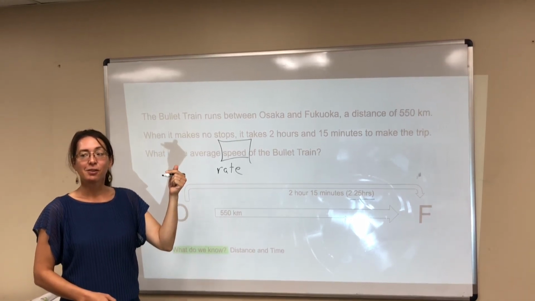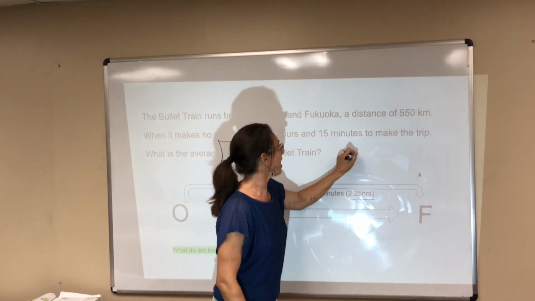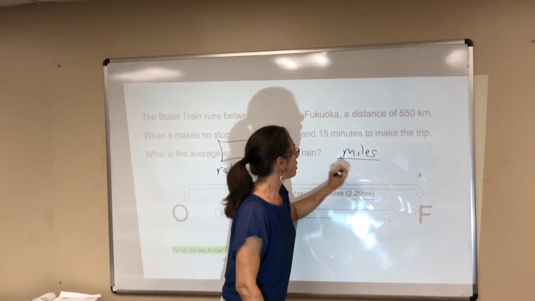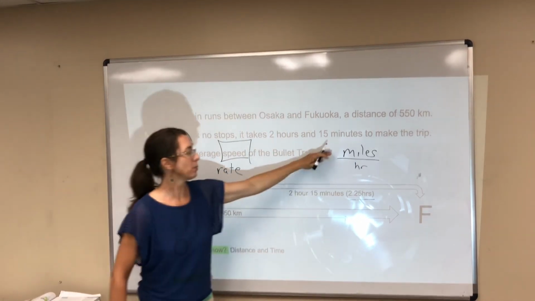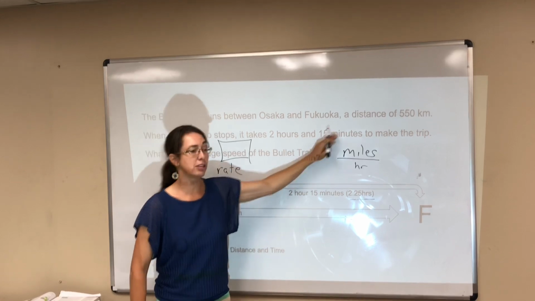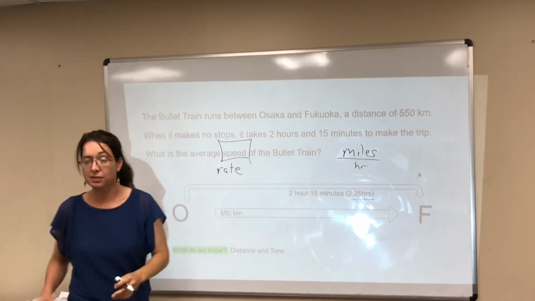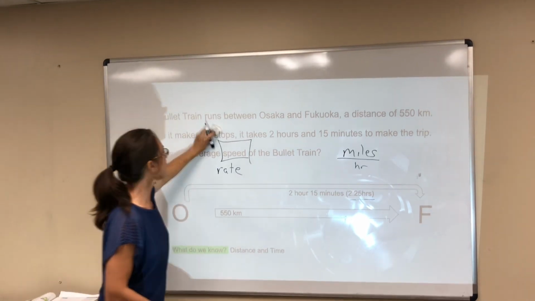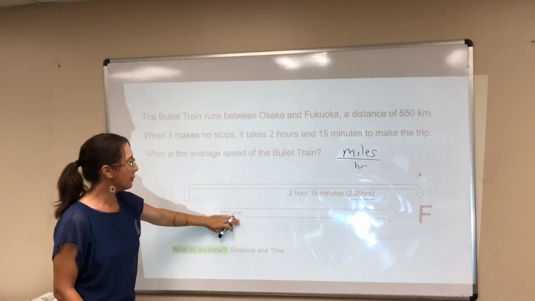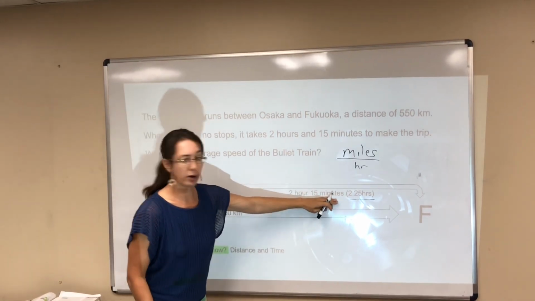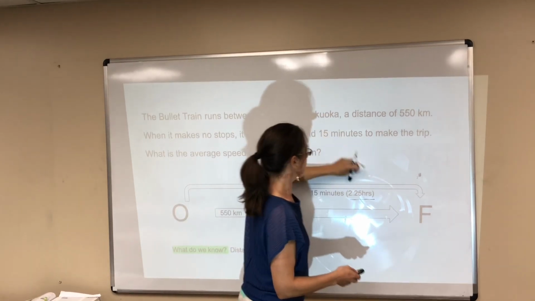Per means division. So I'm going to write miles per hour. When it says speed, I can immediately write it in this fraction form, and this already sets me up for success with my problem. So we're looking for kilometers per hour, because it's not miles, so kilometers per hour.